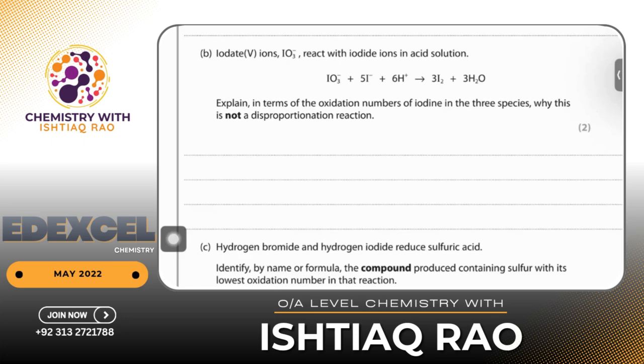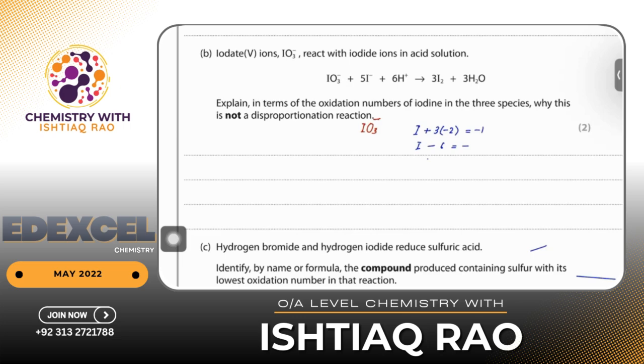For this one, I can say IO3 minus. I plus 3 times oxygen, which is minus 2, is equal to minus 1. So I minus 6 is equal to minus 1. So minus 1 plus 6 would be equal to plus 5.